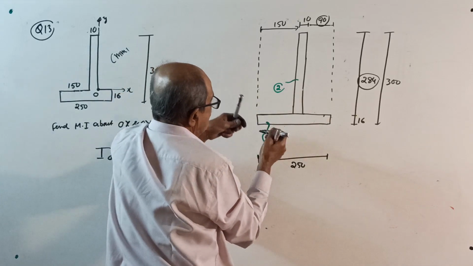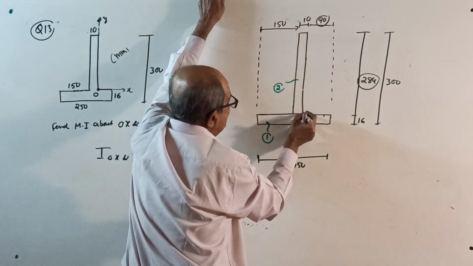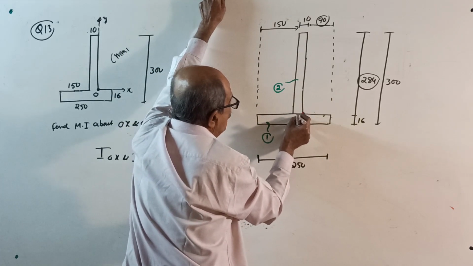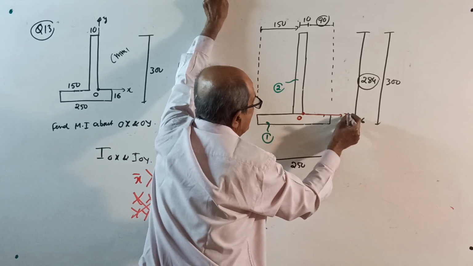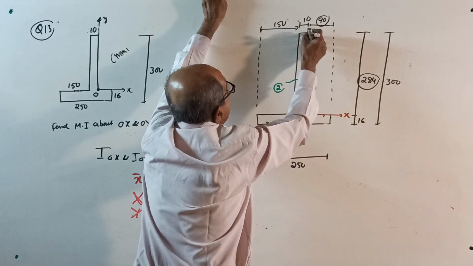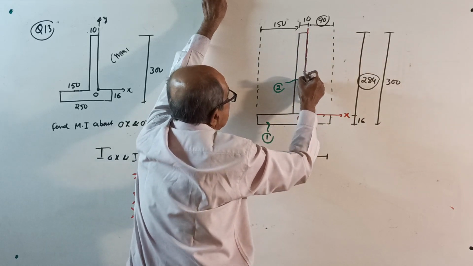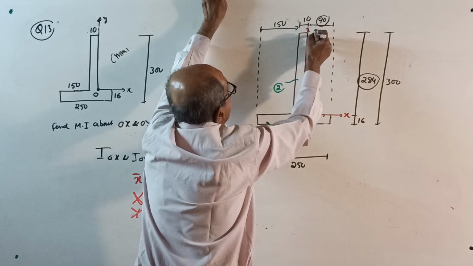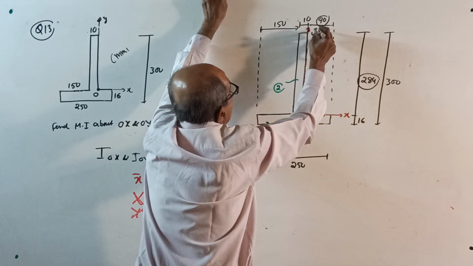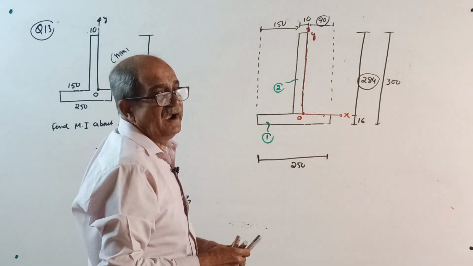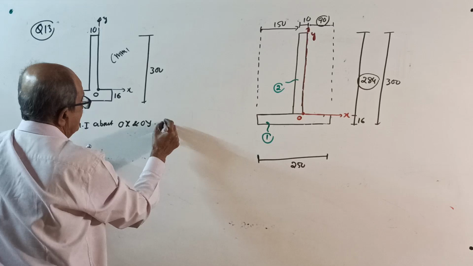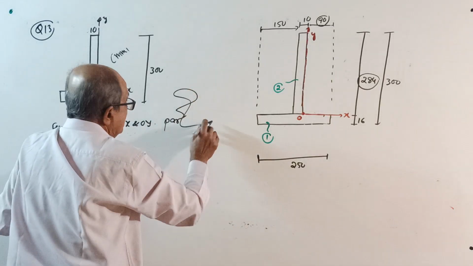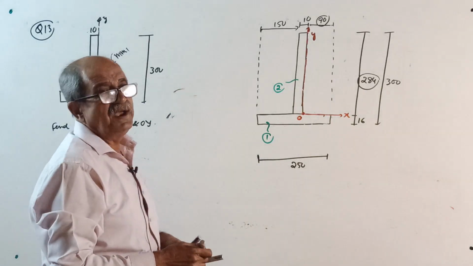Now, mark the axis. See, they told some point O here, O. Then they told this is your OX axis. See, space problem here. This is your OY axis. They want I about OX and I about OY. Start as usual. By parallel axis theorem, I about any axis equals IG plus A h square.